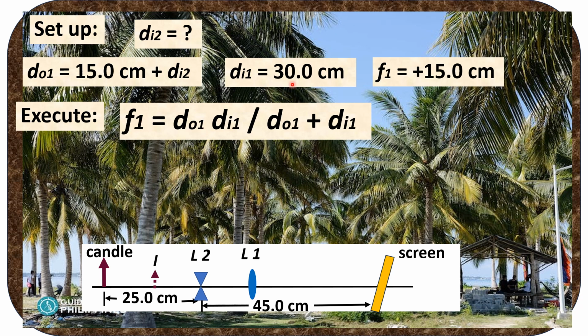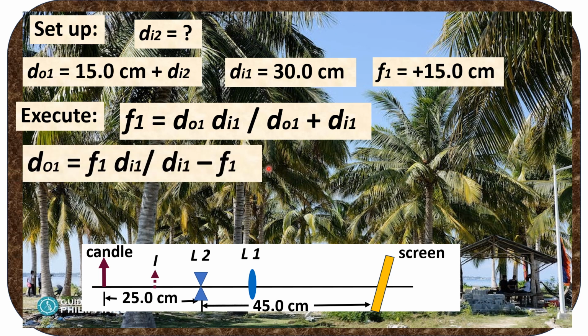We also have the value for d sub I1. So, we will first isolate d sub O1 and then substitute for that what we have here, d sub O1, which is equal to 15.0 centimeters plus d sub I2. But first, we have d sub O1 isolated into an equation such as this.